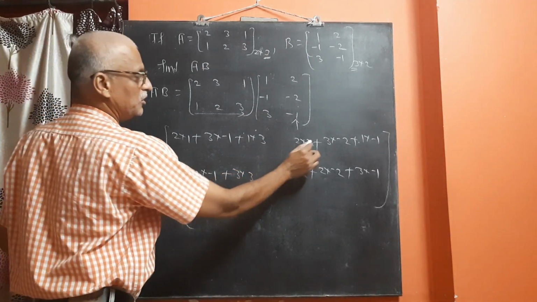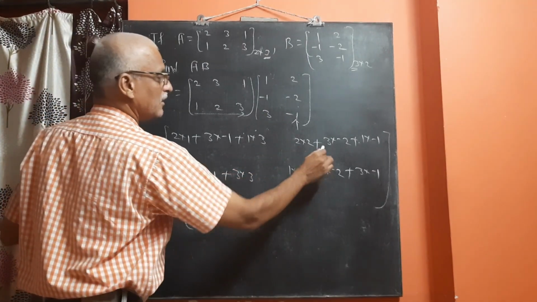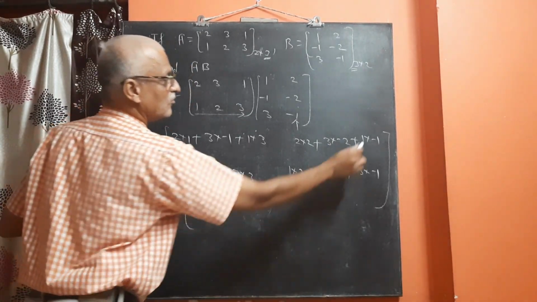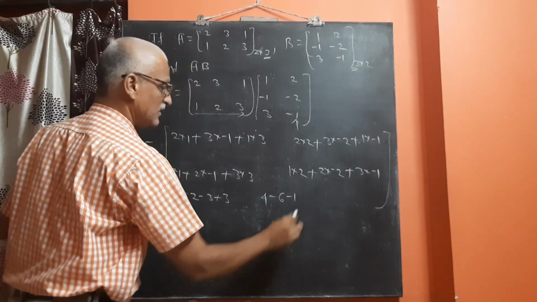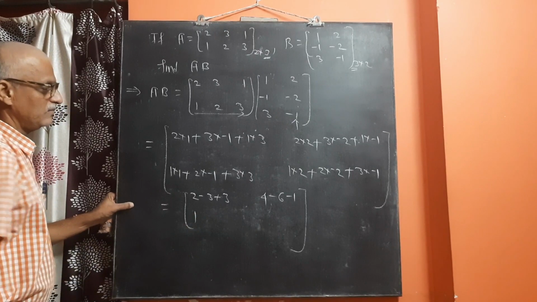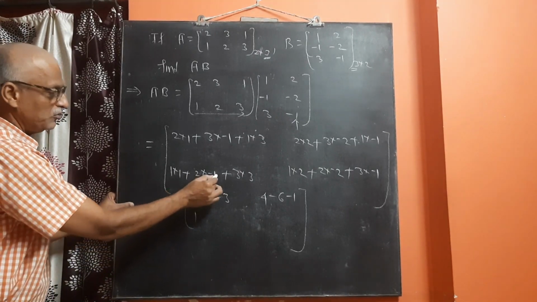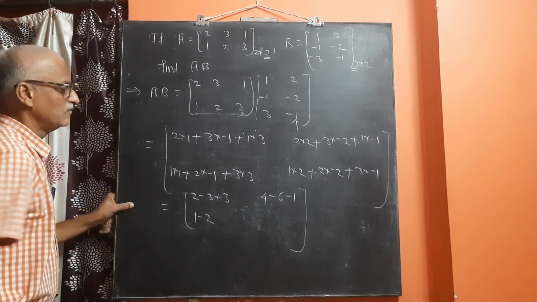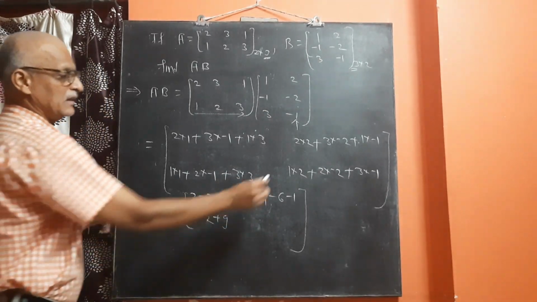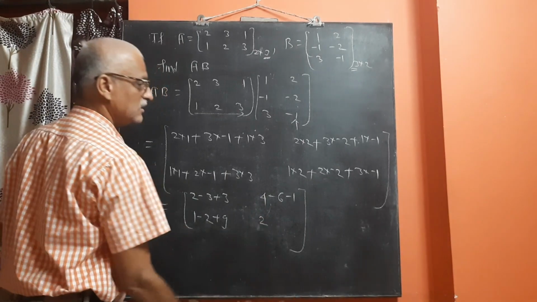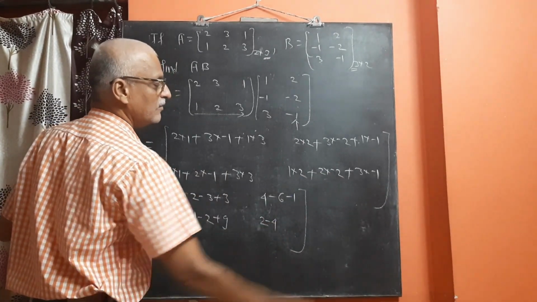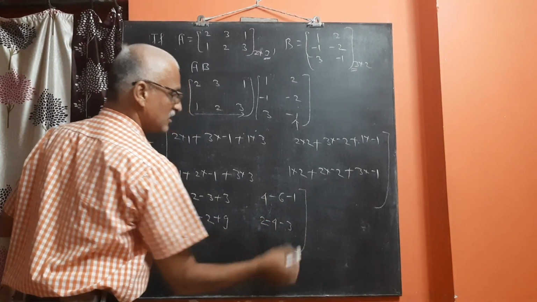Then here 2 into 2 is 4, 3 into minus 2 that is minus 6, 1 into minus 1 that means minus 1, 1 into 1 that is 1, 2 into minus 1 that is minus 2, 3 into 3 that is plus 9, 1 into 2 that is 2, 2 into minus 2 that means minus 4, and 3 into minus 1 that is minus 3.